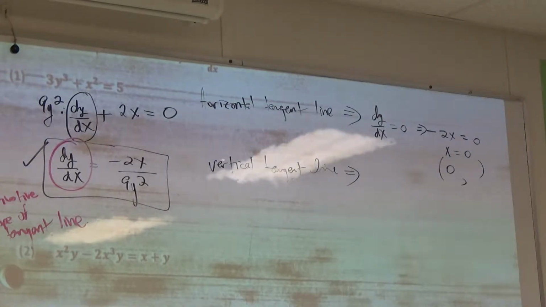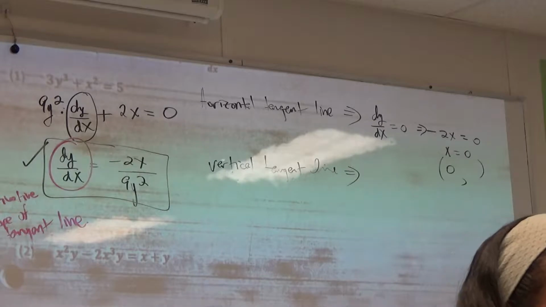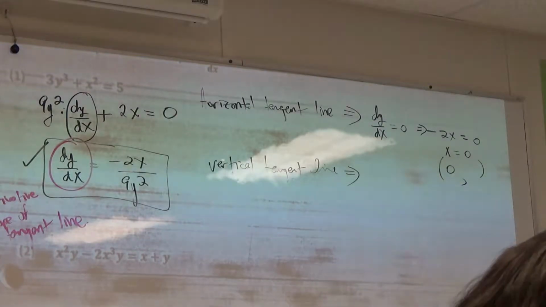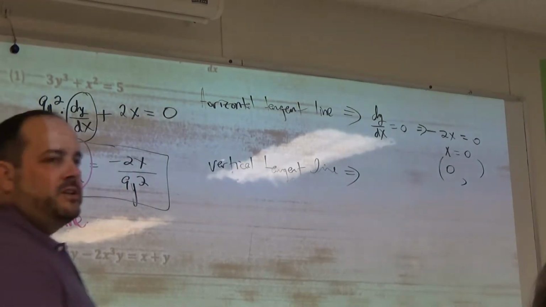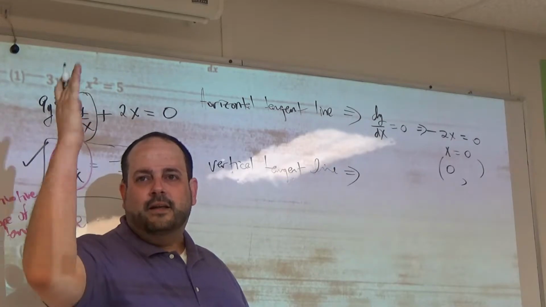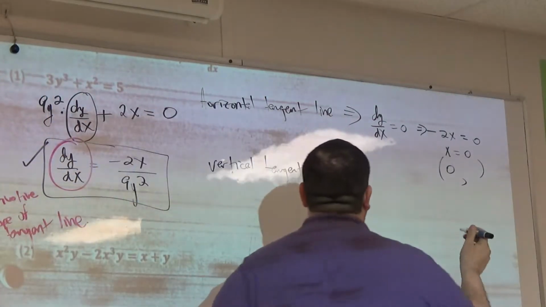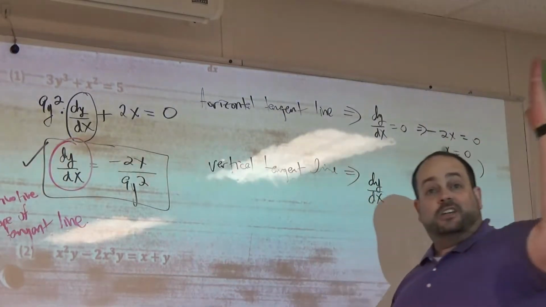All right, you guys show me vertical tangent line. What do you know about a vertical tangent line? What do you know about the derivative at a vertical tangent line?